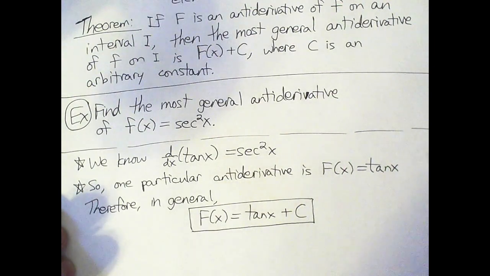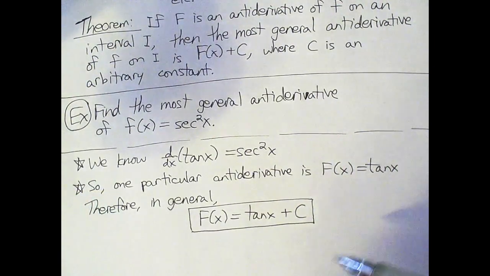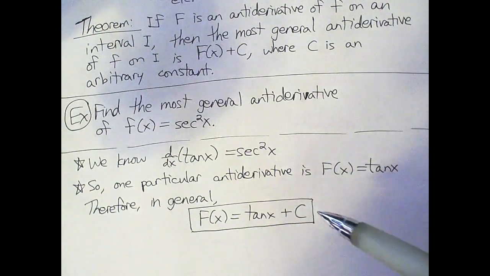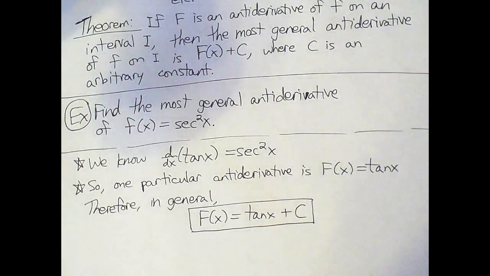I need to tell you that in this context, when we write an answer like this, it is understood that c is used to represent an arbitrary constant. So we don't have to say tangent plus 7, tangent plus 8, tangent plus 9. We just say tangent x plus c, and from the standard notation, we understand that the plus c means tangent x plus any real number.